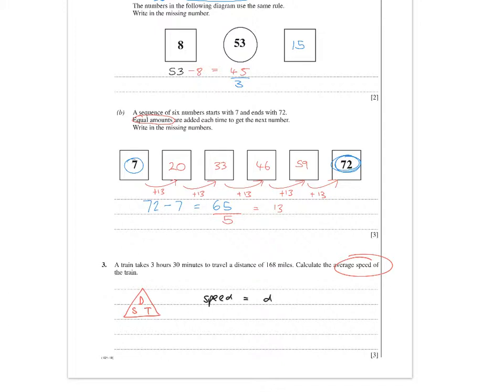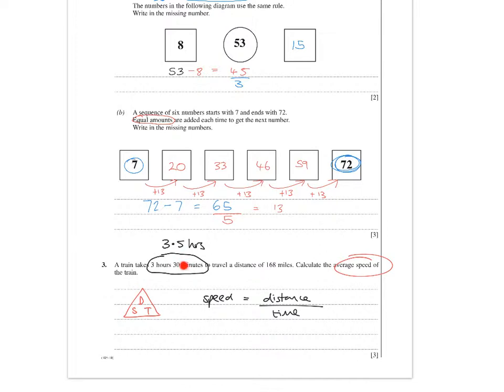So my distance is 168 miles, but my time is not 3.3 or 3.30. My time is in hours, and that is in hours and minutes. 30 minutes is the same as half an hour, so that is 3.5 hours. Now, I said at the start, you'll have to be very careful of these questions. They always try and put this trick in.